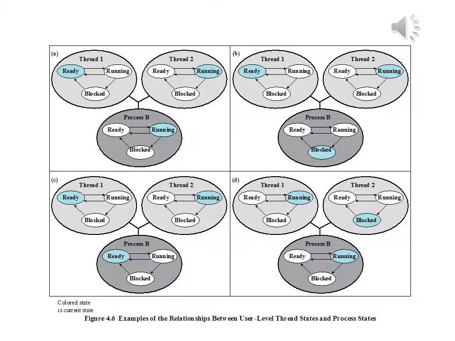All of the activity described in the preceding slide takes place in user space and within a single process. The kernel is unaware of this activity. The kernel continues to schedule the process as a unit and assigns a single execution state, whether it's running, ready, blocked, or otherwise, to that process.